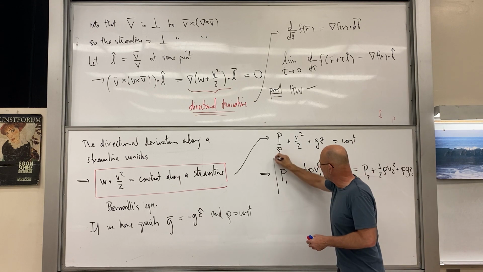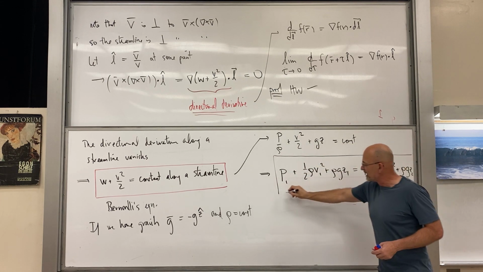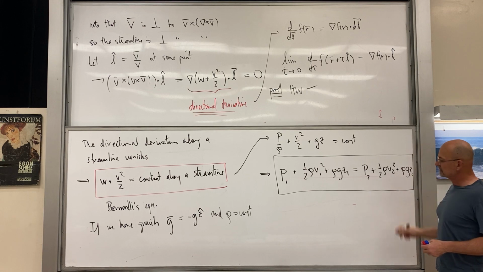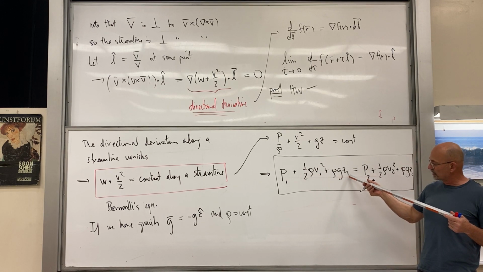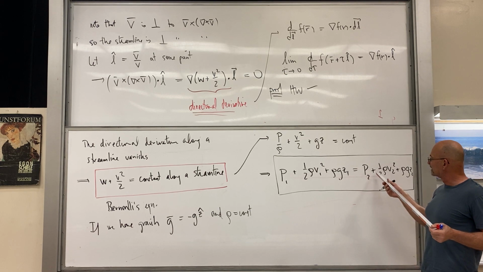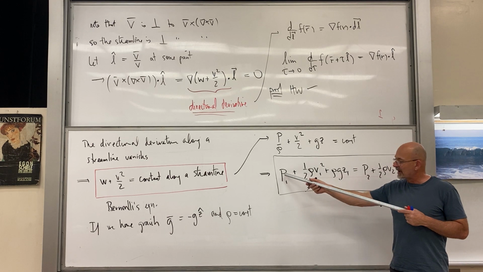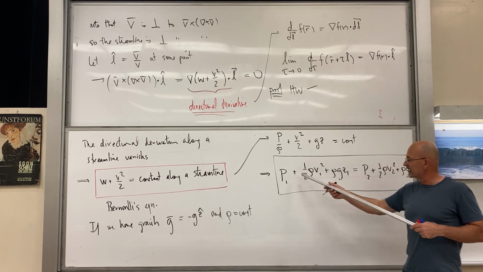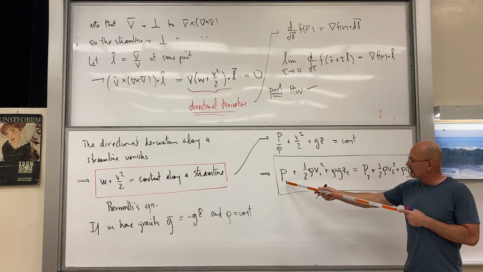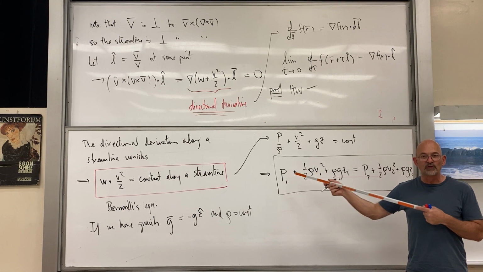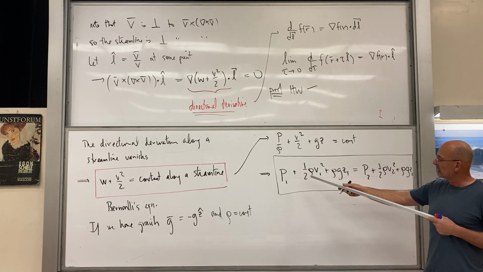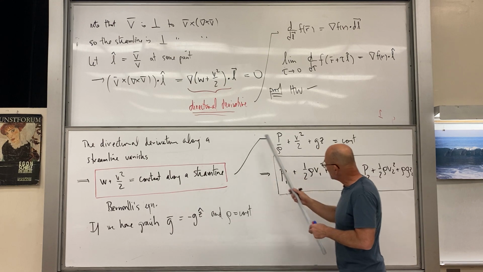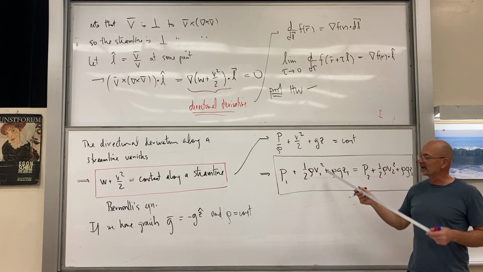And in this form, it really looks like conservation of energy, where you're looking at a kinetic and a potential energy type of term. In fact, if you multiply this whole thing by a volume, pressure times volume gives work. The work on a certain fluid along a streamline is equal to the change in its total energy.